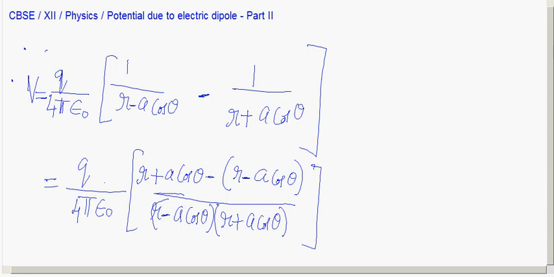So we are finding the electric potential due to a dipole at some point r.